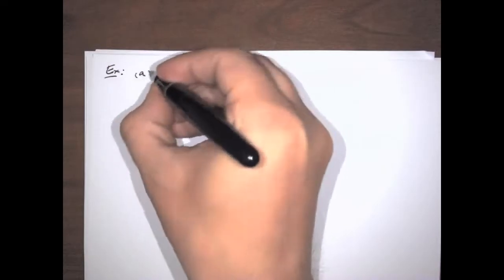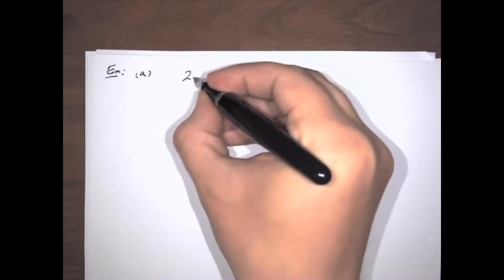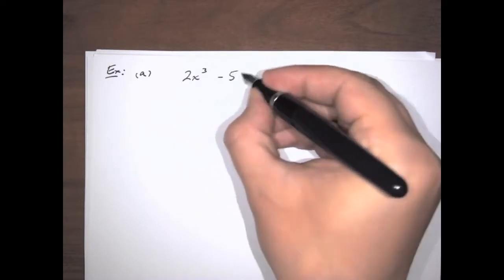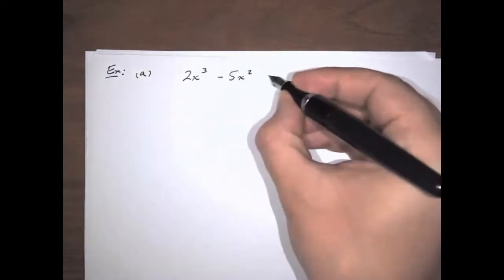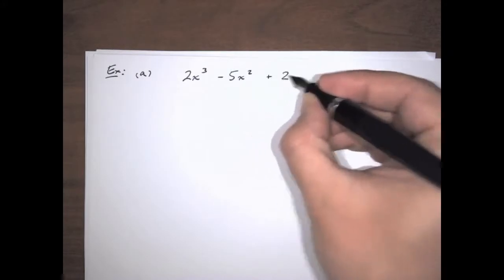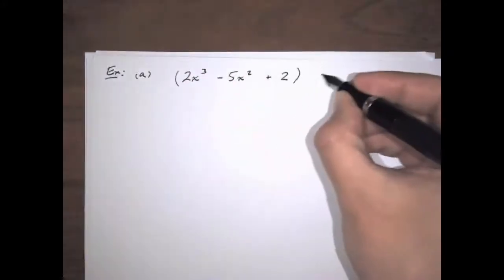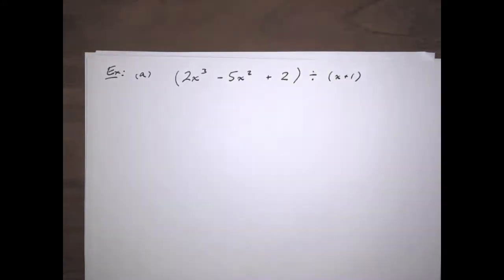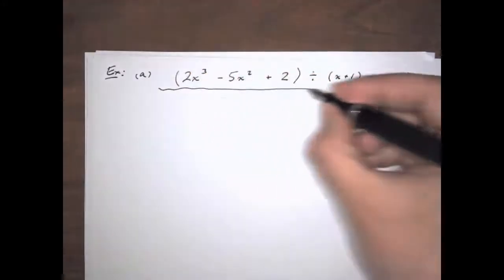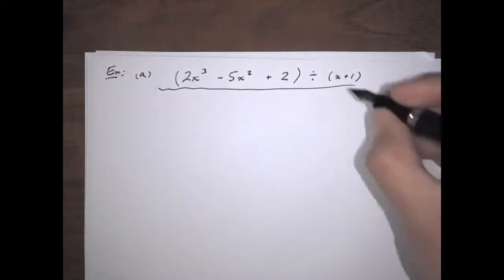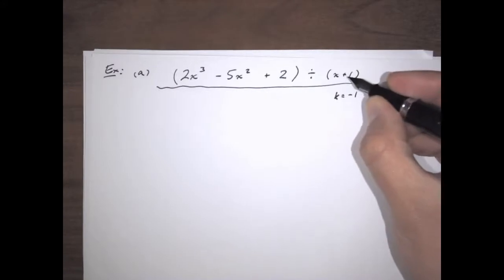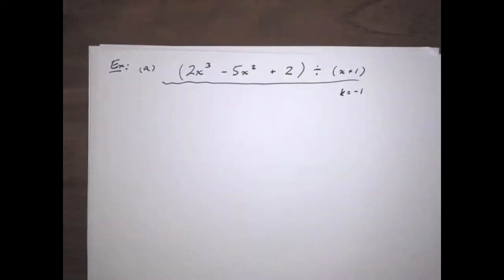Let's take, first off, something like 2x cubed minus 5x squared plus 2, all divided by, let's say, x plus 1. So first off, k here is not 1, it's negative 1. This was supposed to be a minus, it's a plus. So that's the first adjustment.